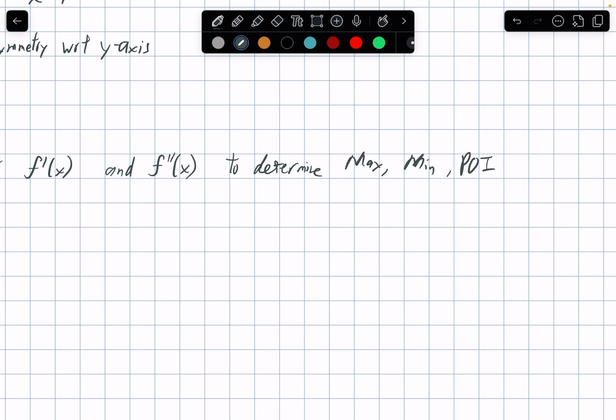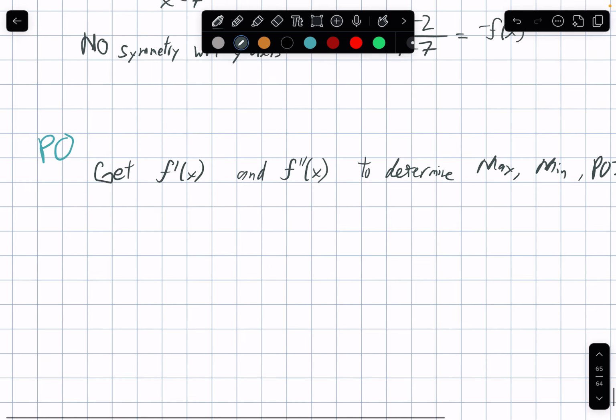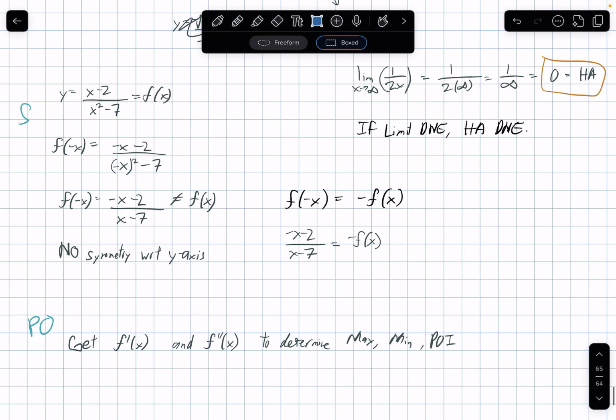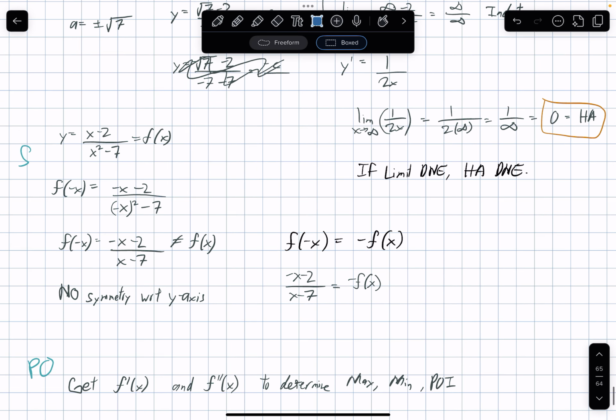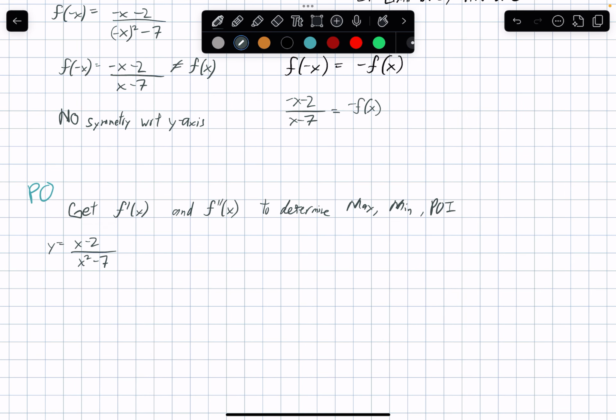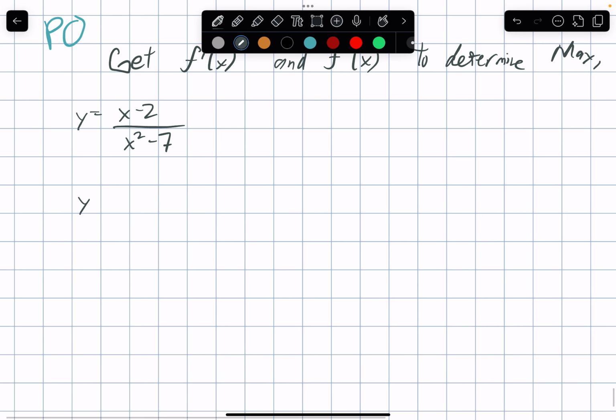Although so far, at least from my experience, I didn't encounter any point of inflection. After finding the derivative, we equate to 0.